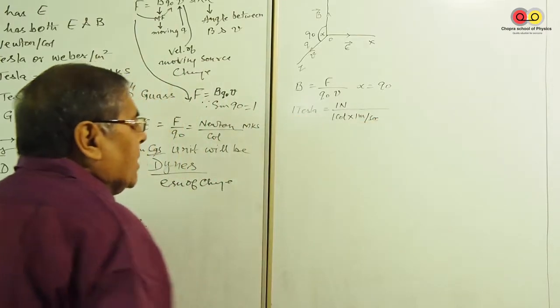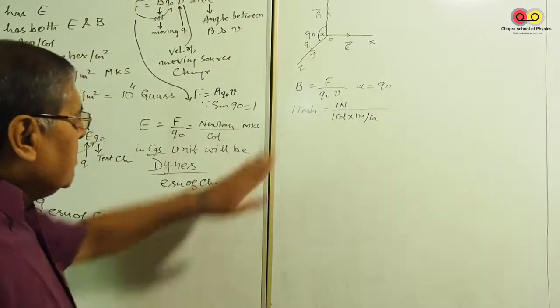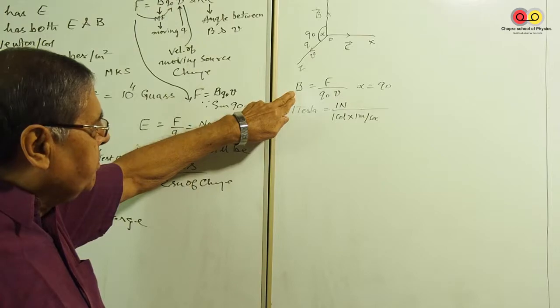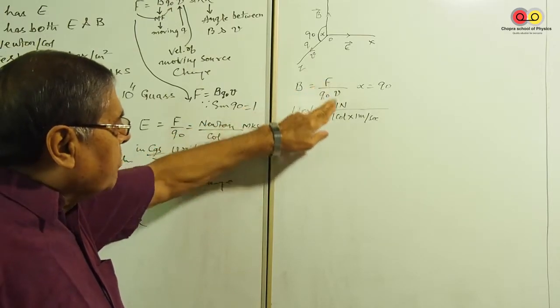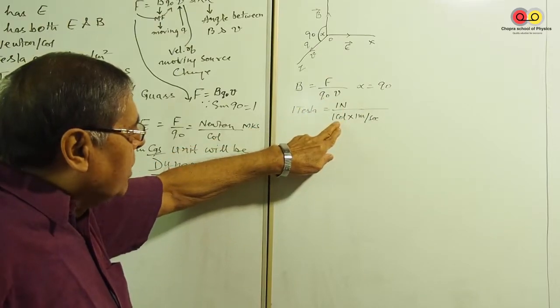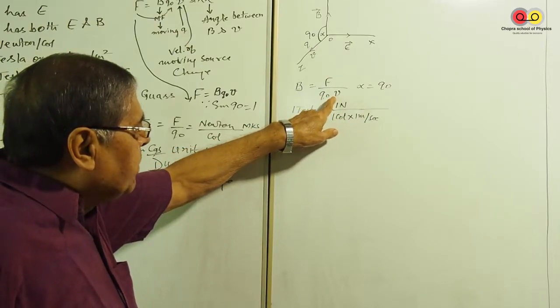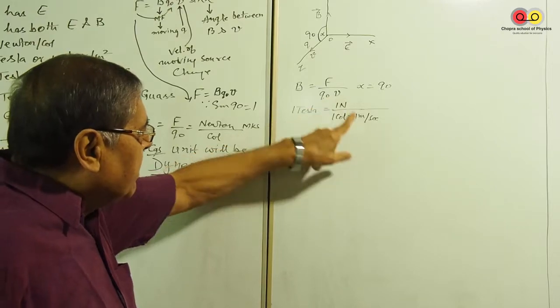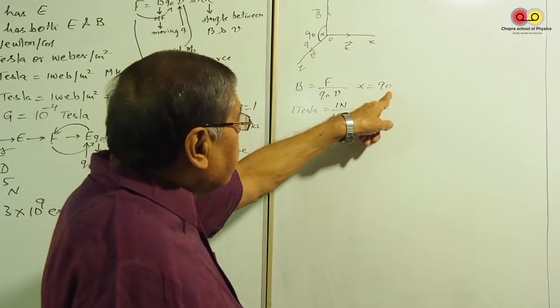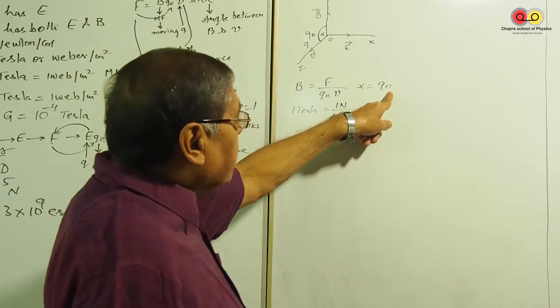So we have reached to the definition of 1 Tesla. 1 Tesla is magnetic field exerting force of 1 Newton on a test charge of 1 Coulomb when the speed of the source charge is 1 meter per second at 90 degrees to magnetic field.